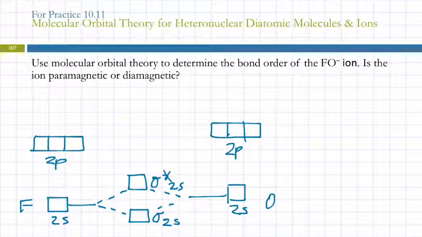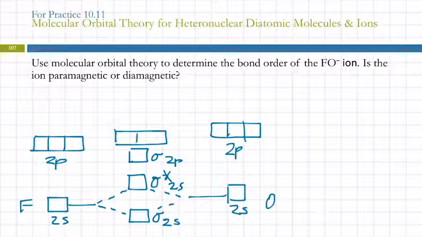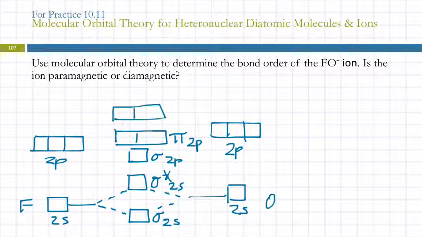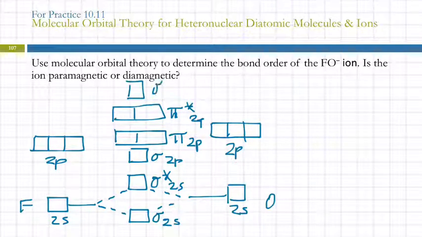And from the 2p's, we're going to get a sigma 2p, and we're going to get a pi 2p and a pi star 2p and a sigma star 2p. This is our expected arrangement where we've got the sigmas on the outside and the pi's on the inside. The higher is always the star, the anti-bonding. So these are coming from here.